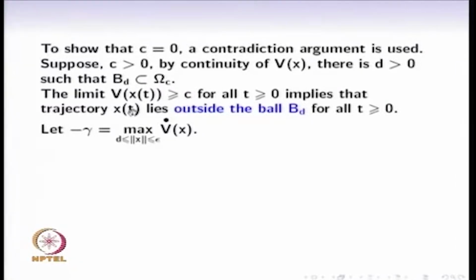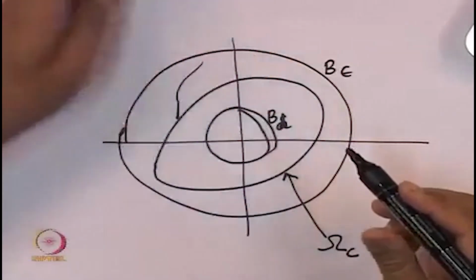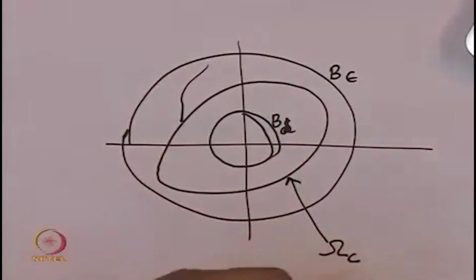It just means that the trajectory x of t lies outside the ball BD for all t greater than or equal to 0, and hence we will now look at optimizing this particular V dot function over the difference between what is outside BD and inside the B epsilon ball.